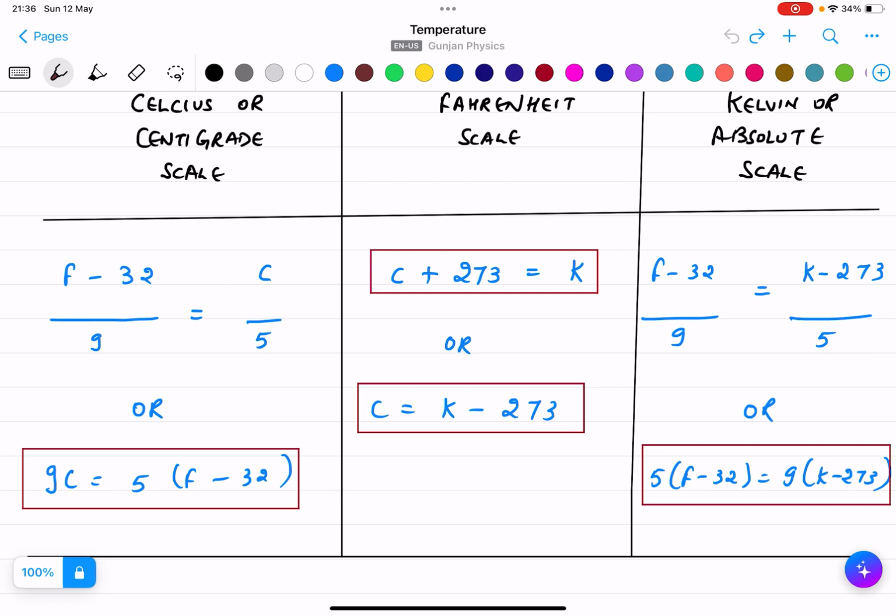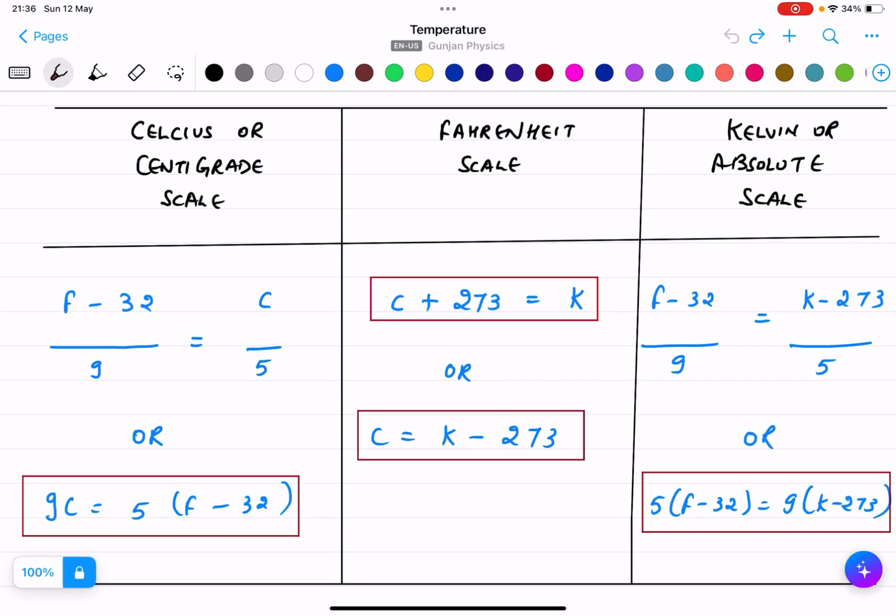Next, if Celsius is given to you and you need to change it into Kelvin, or Kelvin is given to you and you need to change it into Celsius, you need to use this formula. Always remember this formula: Kelvin equals Celsius plus 273.